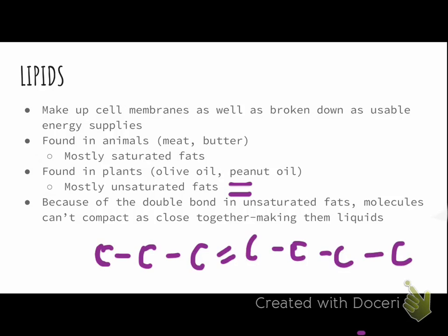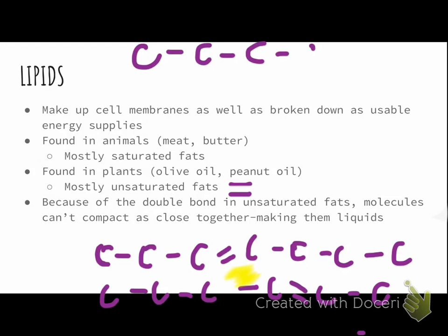So if that's one, and I had another one that was here, there's going to be some space between them. So this space right here, because of this double bond, they can't get as close together as opposed to one that would be your saturated, where they could be right next to each other.